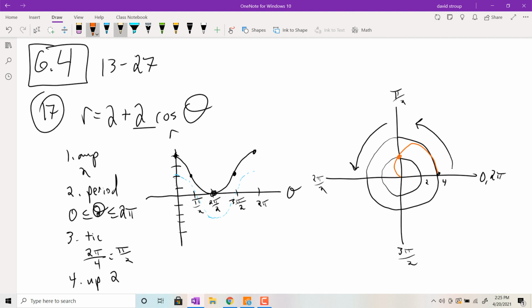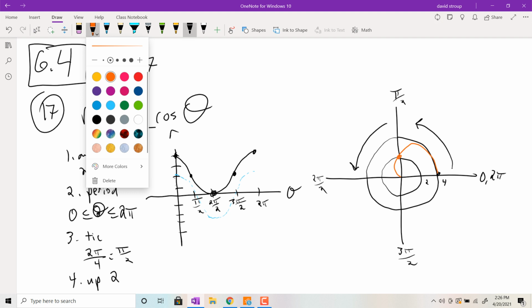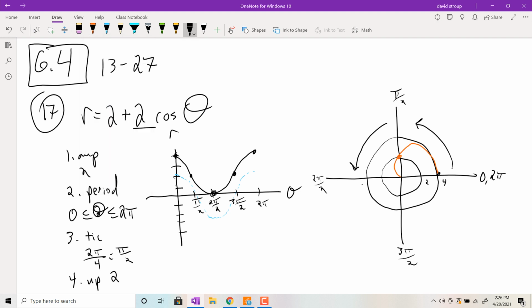And then from pi to 3 pi over 2, it's going to increase back to 2 in that sector. So it'll bubble back up to 2. And then in the final sector, it'll increase back to 4. And that'll complete the entire picture of that particular guy. Okay.